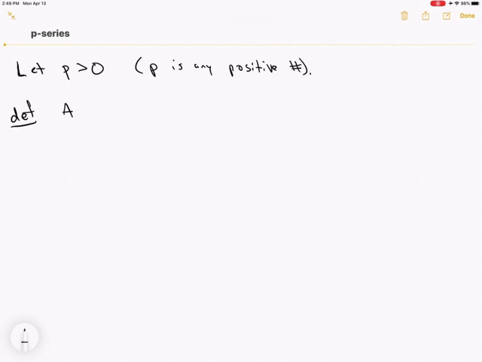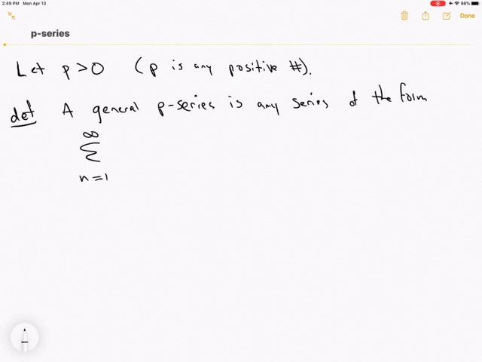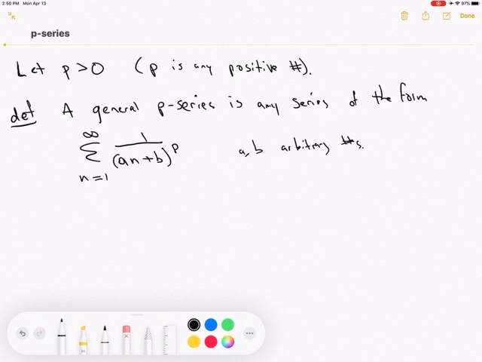So a general p-series is any series of the form summation n goes from 1 to infinity of 1 over (an plus b) to the p, where a and b can be any numbers. So a and b can be arbitrary numbers. So this is the definition of what's called a general p-series.